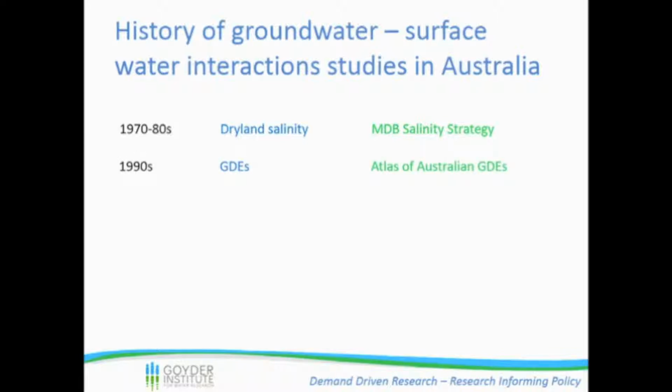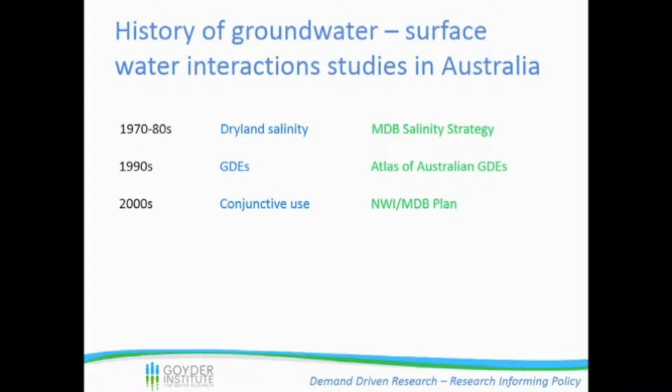Then in the 1990s, a new buzzword happened, groundwater-dependent ecosystems. And that led to a lot of work cataloging where these ecosystems were, and we're still in the process of trying to include them in water management plans. And we heard a beautiful example of this this morning in one of the plenary sessions.